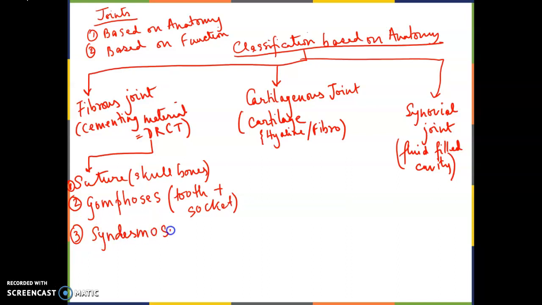And the third one is called syndesmosis. Syndesmosis is the joint between parallel bones of your body, like radius and ulna. Those are parallel bones. Tibia and fibula, those two are parallel bones.